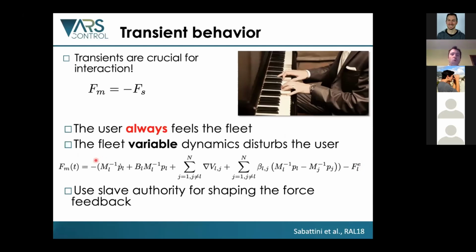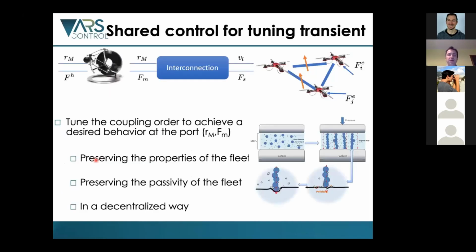So again, why not use the slave authority for shaping the force feedback? The idea is, can I keep the interconnection decided by the slave, but scale it in order to make the performance better in terms of force feedback provided to the master?